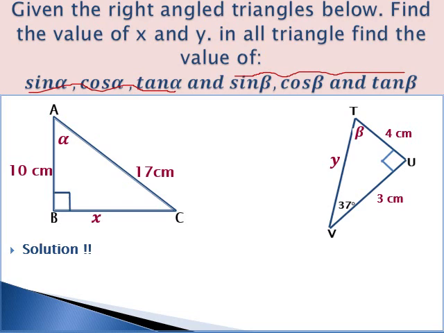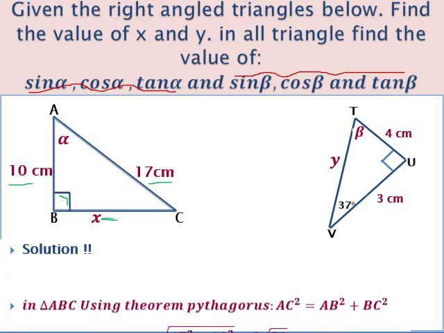Now in triangle ABC, we have AB equals 17 centimeters. Then BC is equal to x. And by now we know that because of this 90 degrees, our AC is our hypotenuse, and because we have two known values, we can calculate the value of x using the theorem of Pythagoras.